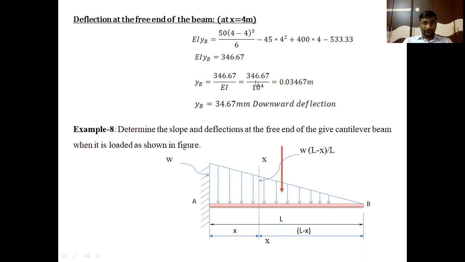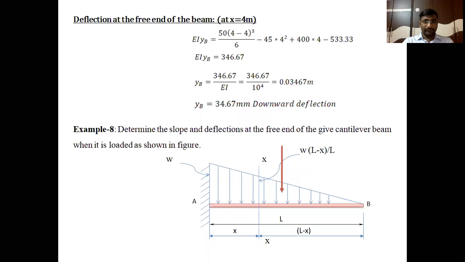EI value is 10 to the power of 4. That is equal to 0.03467 meter. The deflection comes in meters, and slope comes in radians. Deflection is a displacement, so it must be represented in meters.